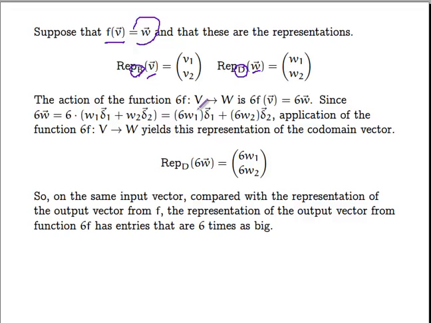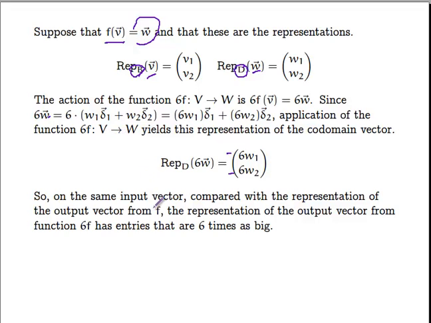So you can see that the representation of 6w is simply 6w1, 6w2. All right. This seems obvious, but you do need to go through these steps, that the representation w1, w2 means that w is w1 delta 1 plus w2 delta 2. And if you take 6w, then you multiply the two components of the vector w by 6.